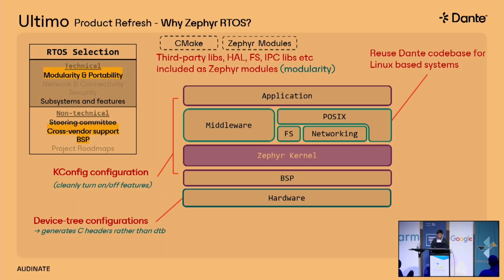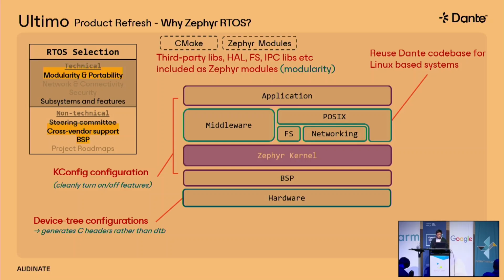Zephyr also uses device trees. However, it takes a little different approach towards telling the system what hardware we have. So after defining the device tree configurations you have for your particular project, during the compilation, these device tree configurations are actually generated into C header files that describe what hardware you have.